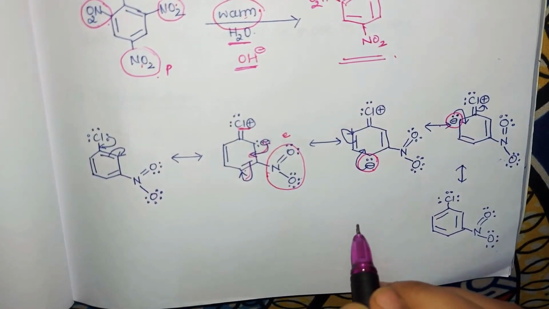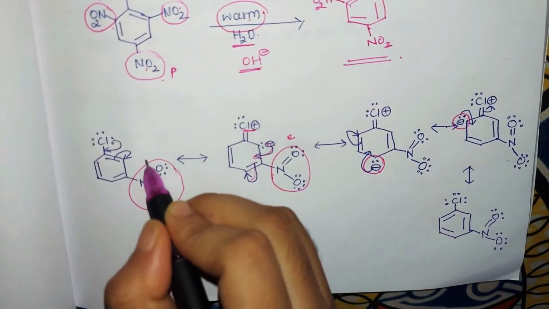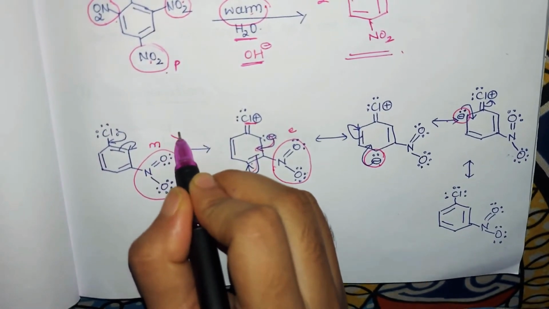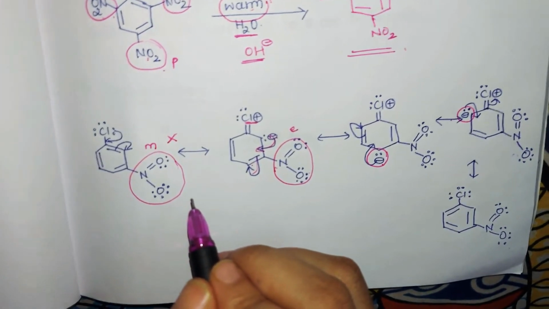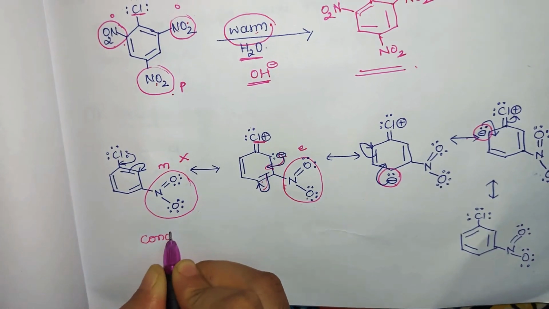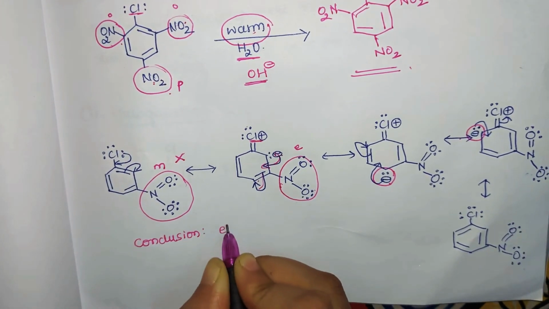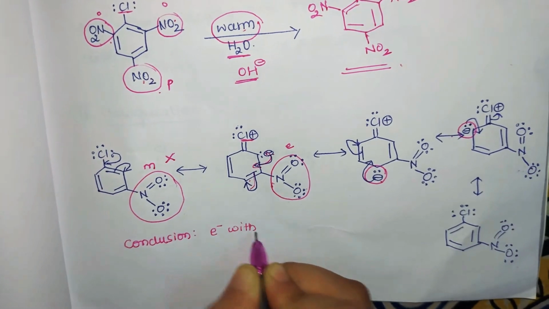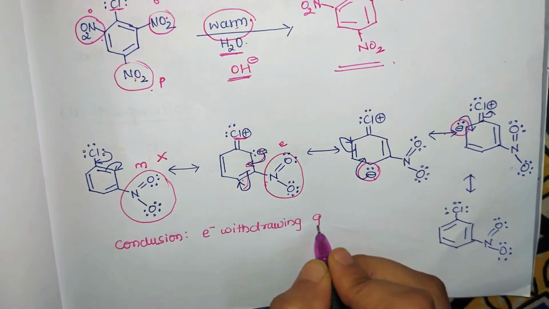Thus, what conclusion can we draw from the presence of the electron withdrawing group at a meta position? The electron density is not affected by the presence of the electron withdrawing group on the meta position. Reactivity is also not affected. So what do we say? The presence of the electron withdrawing group on the meta position does not affect the reactivity.